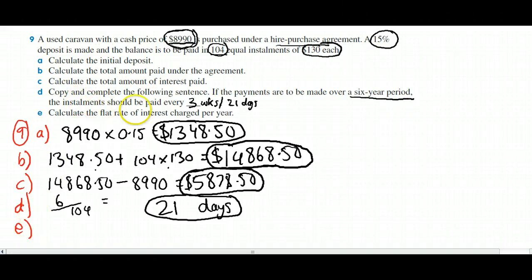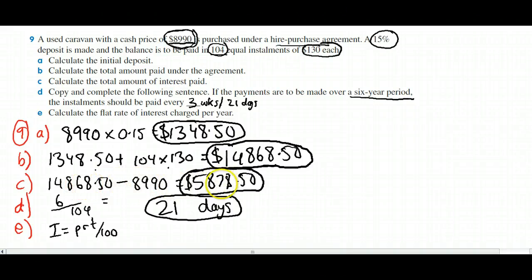Okay, and the last part, E, we had to calculate the flat rate of interest charged per year. So to work this out, we've got to use the simple interest formula, I equals PRT over 100. In our case, the amount of interest is going to be the difference between the amount actually paid and the cash amount.